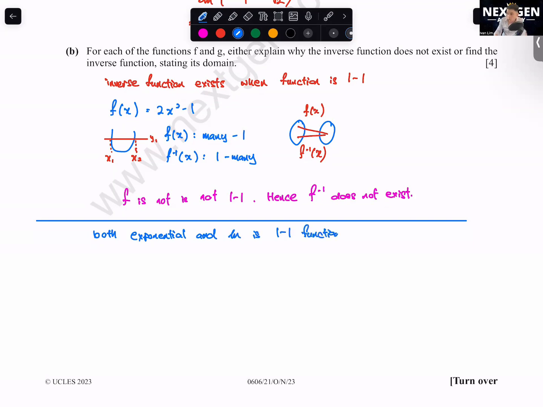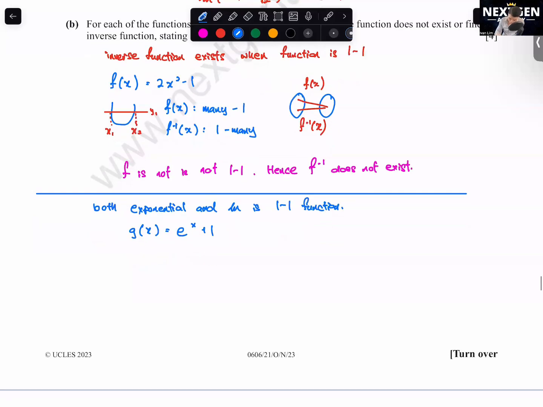So how do I find the inverse of it? The equation is gx equals e to the power x plus 1. Go and find the inverse of this first. How to do this? You let y equal g inverse x, so gy equals x.